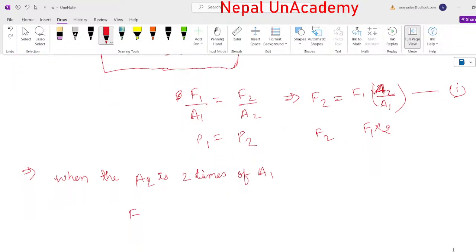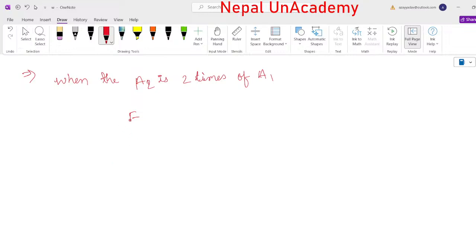So now F2 is F1 into A2 by A1. Because we have assumed that A2 is 2 times A1, we can write 2 times A1, and A1 will be cancelled out. Further, F2 becomes 2 times F1 when A2 is 2 times A1.